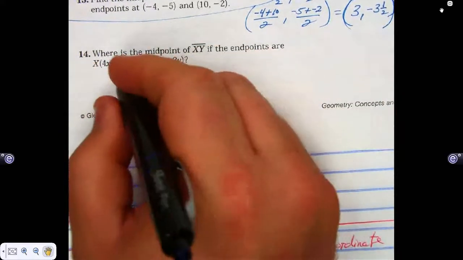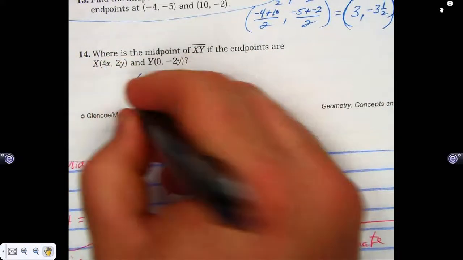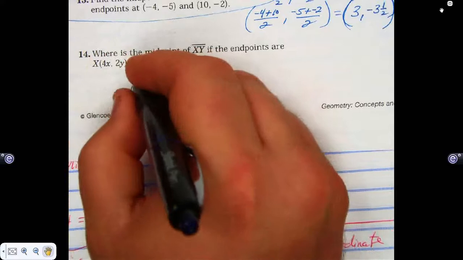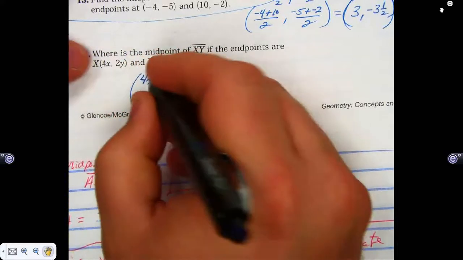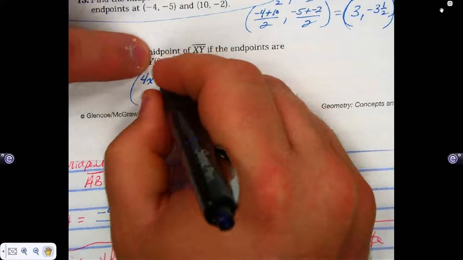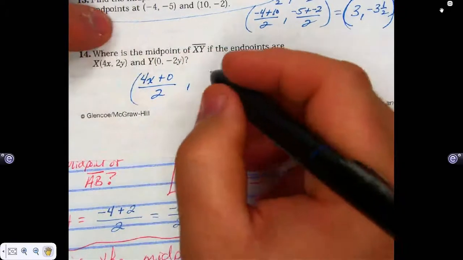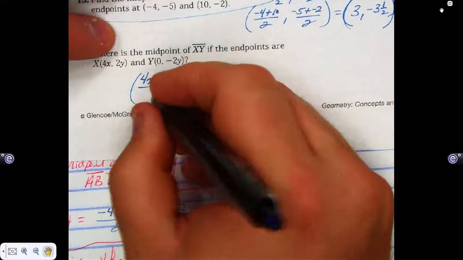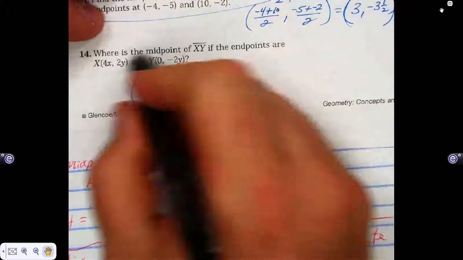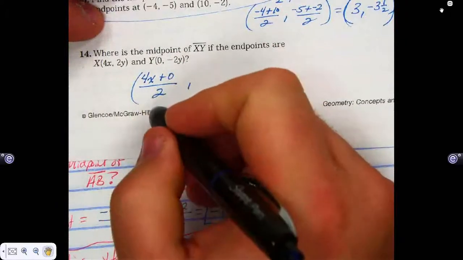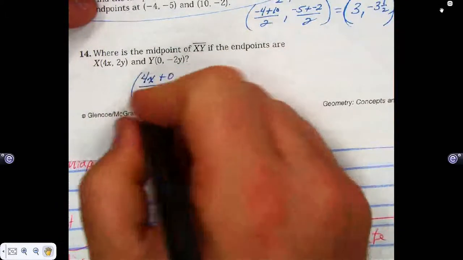Anyhow, the point I'm making, to find the midpoint, what's the x-coordinate here? 4x plus 0 divided by 2, comma, 2y plus negative 2y divided by 2. Nothing's changed. We add the x-coordinates up and divide by 2. Like I said, they're just a little uglier.